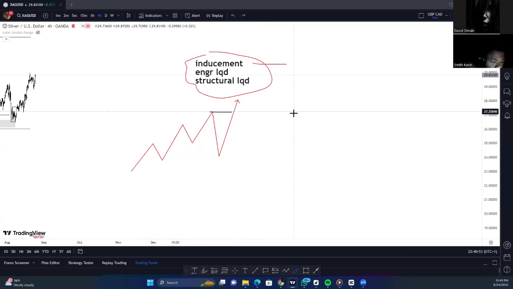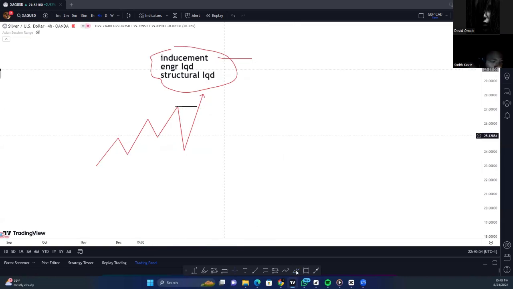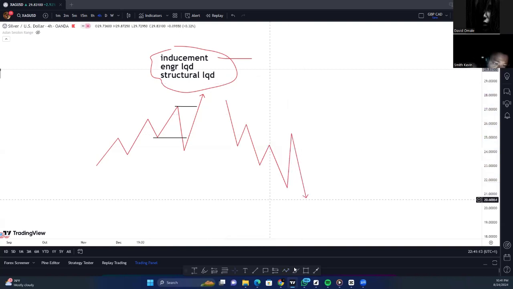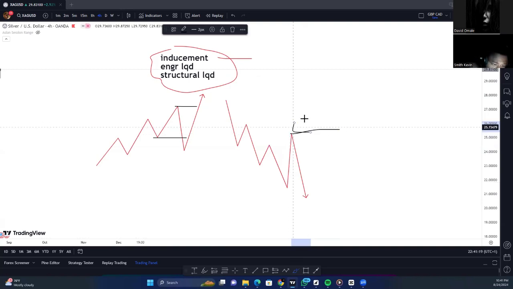Same thing for a downtrend. If price does not take out the recent high, then push down to the downside, we cannot consider this point as our lower high.